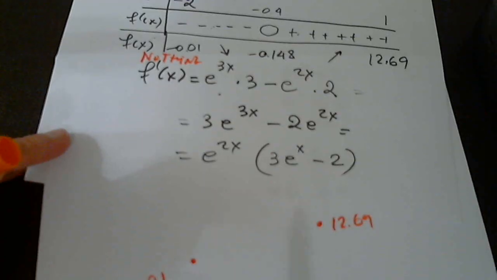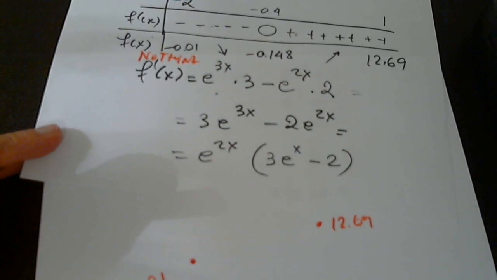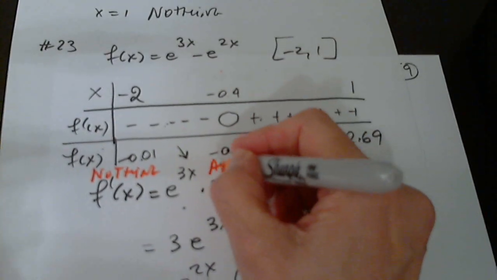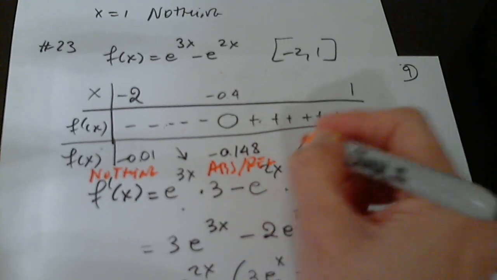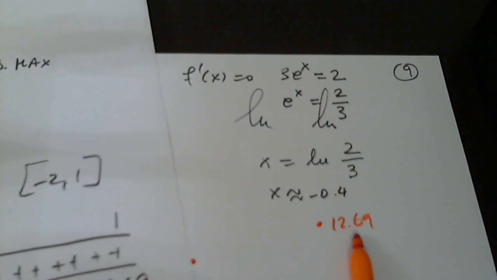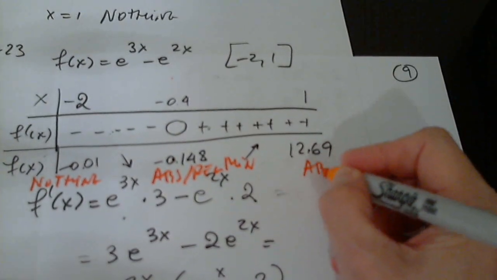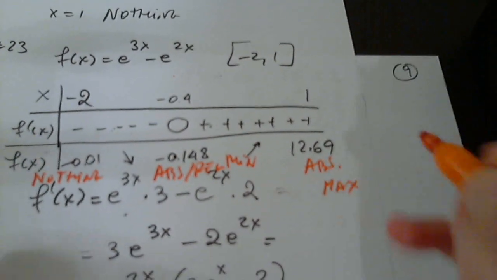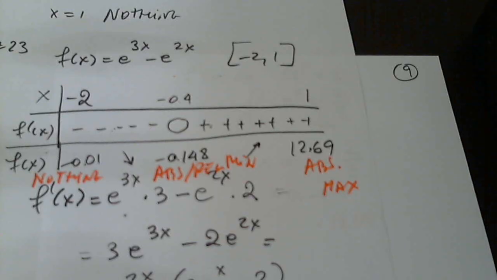This point is an absolute and relative min. Absolute, also relative, min. And this one, because it's at the end of the interval, is only absolute max. Thank you for your help with that.